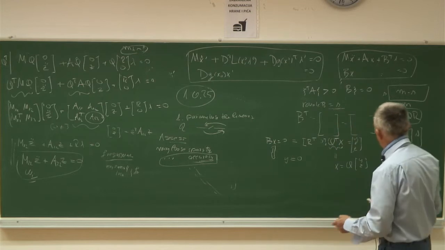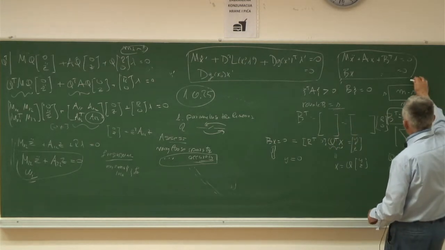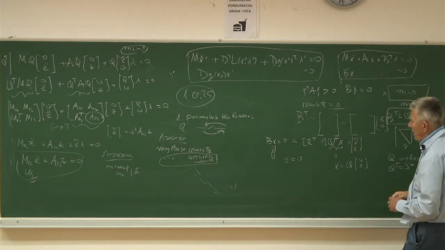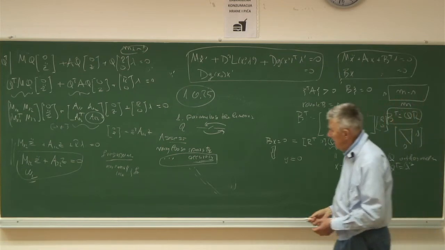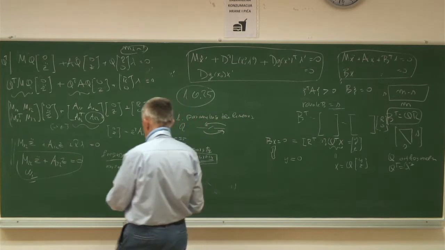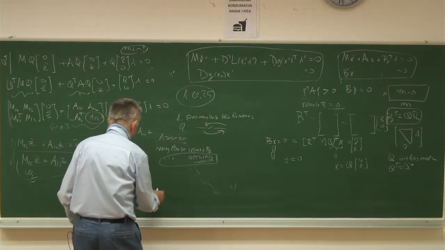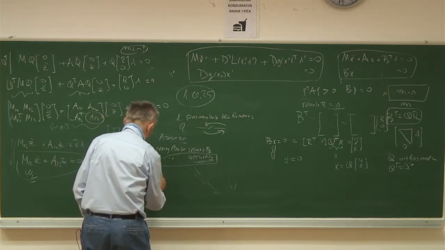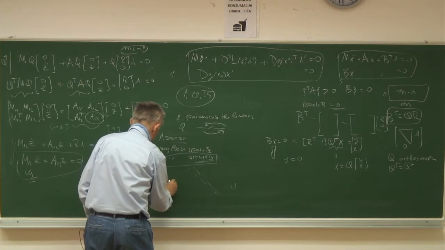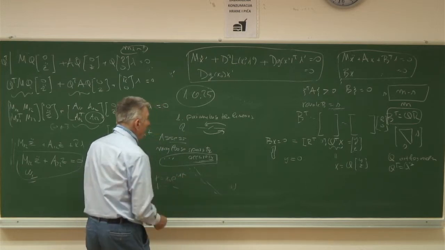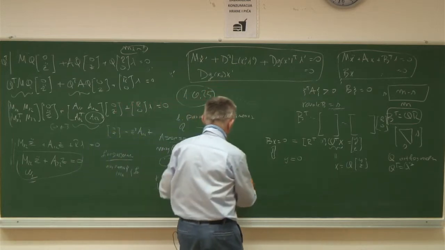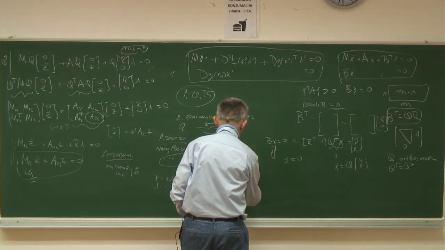So you may work with this problem to turn it into an eigenvalue problem. How? Well, just as you do with this. You say x equals x0 times e to the i mu t, and then you get out of this an eigenvalue problem.